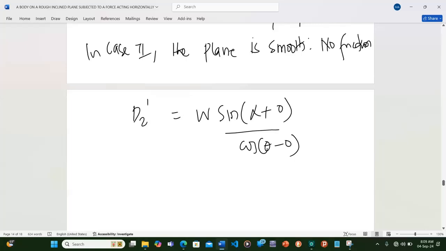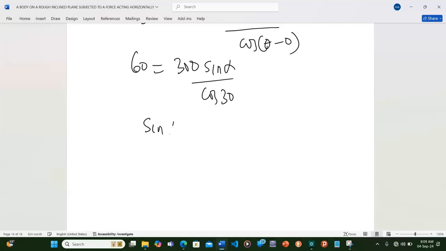This one is known as 60 newtons equal to 300 newtons sine of alpha divided by cos 30. So sine alpha is equal to cos 30 times 60 divided by 300.